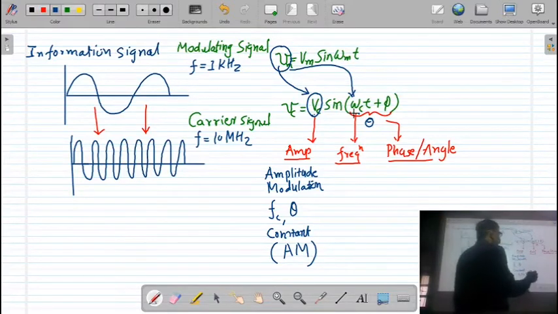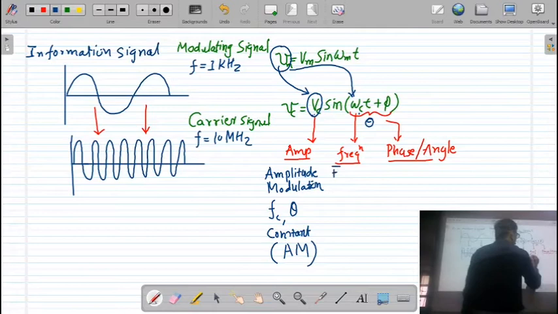That kind of process is known as frequency modulation.